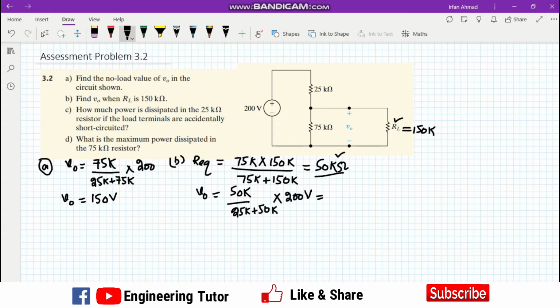By calculating it, we find that the voltage drops to 133.3 volts. You can see that initially the original voltage was 150 volts. It has now decreased to 133.3 volts by attaching a very high resistance of 150k. So this is the loading effect.